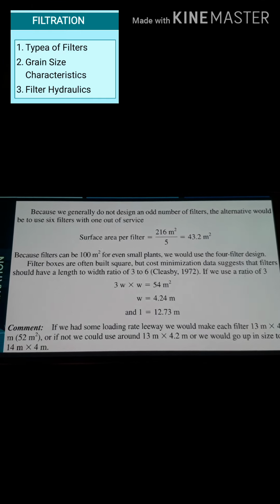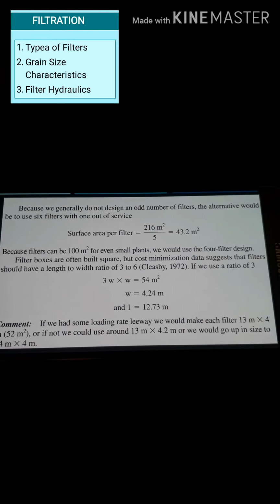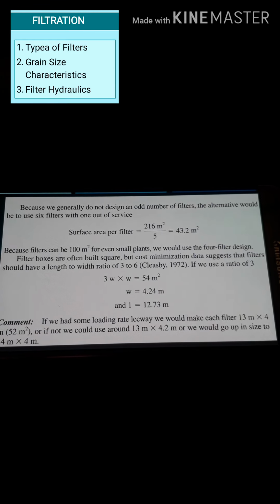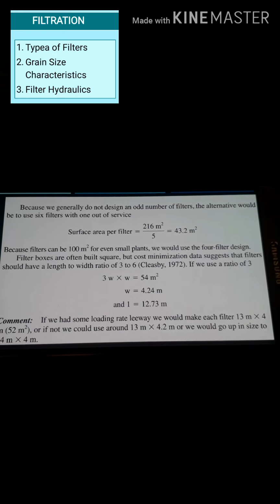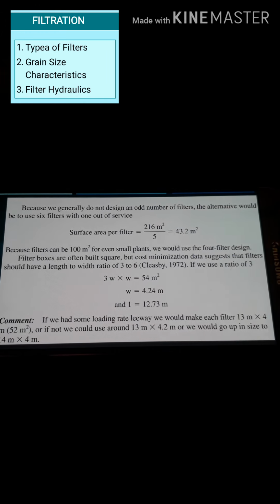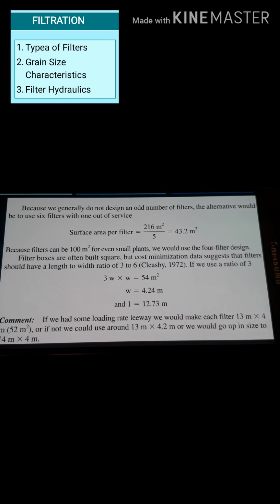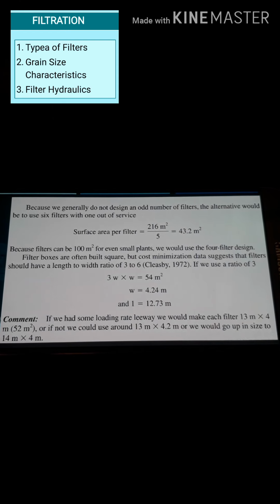Filter boxes are often built square, but for cost minimization, filters should have a length to width ratio of 3 to 6. If we use a ratio of 3, width times 3 times width is equal to 54 meters squared, where the width is equal to 4.24 meters and the length is equal to 12.73 meters.